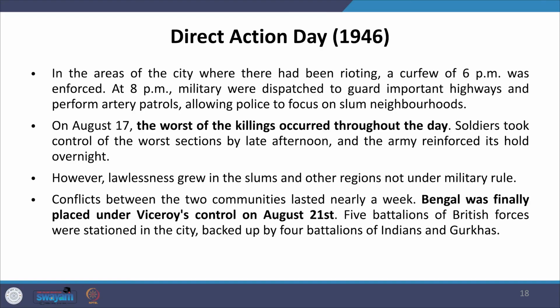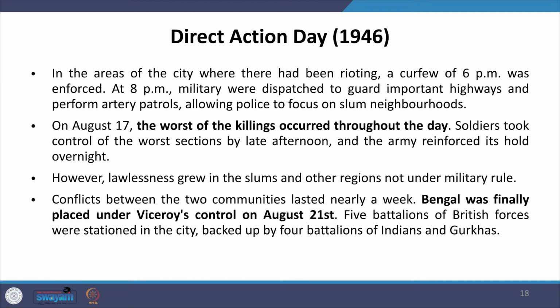So, on August 17, the following day, the worst of the killings occurred throughout. Throughout the day, people saw soldiers taking control of the devastated sections at least by late afternoon, and the army reinforcing its hold overnight. However, we see gross lawlessness growing in the slums and in other regions that were not under the military rule.